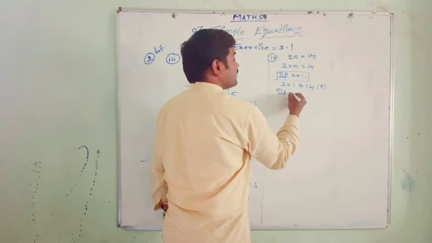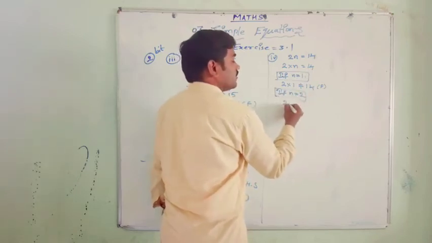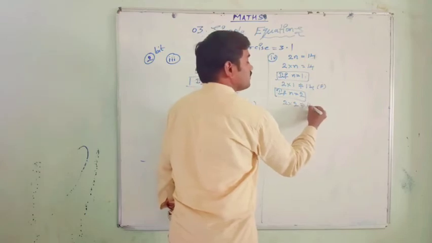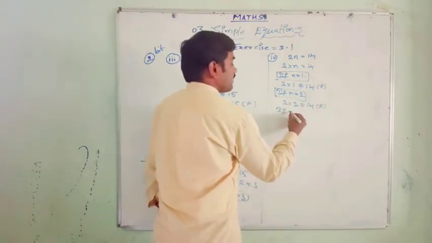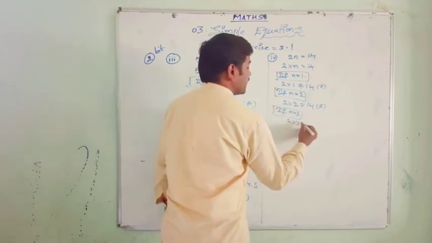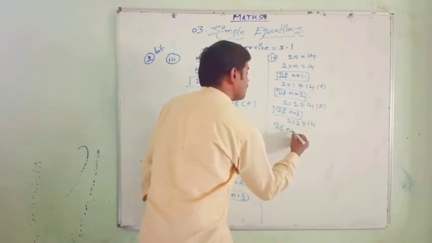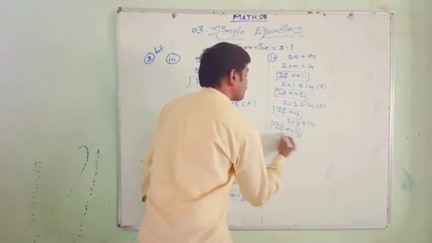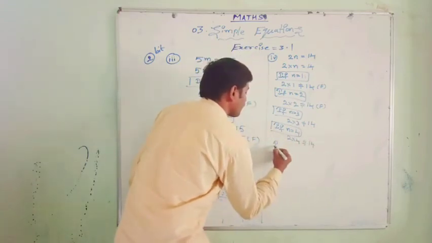If n equal to 2, the next steps I am not writing here, you should write them. 2 into 2 is not equal to 14. Then if n equal to 3, 2 into 3 is not equal to 14. If n equal to 4, 2 into 4 is not equal to 14.